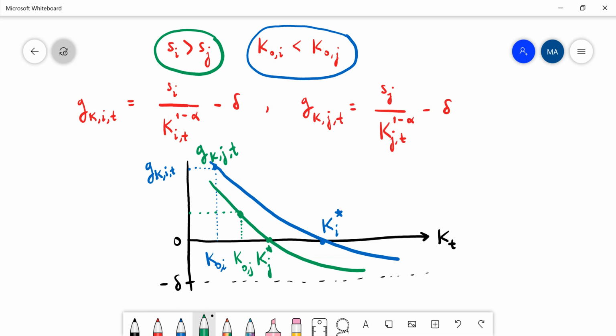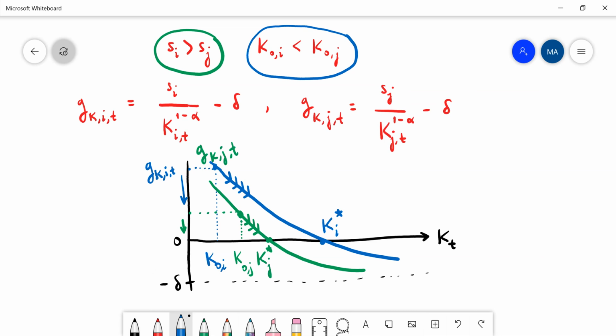So the initially rich country will grow at a smaller rate than the initially poor one. So they're both stable.